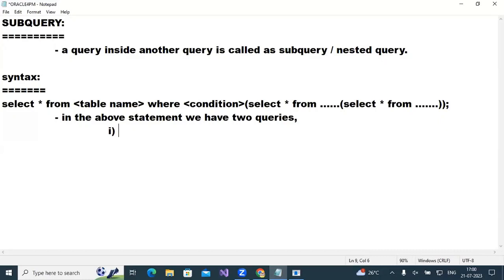The first one we call the inner query. The second one is called the outer query. Inner and outer.